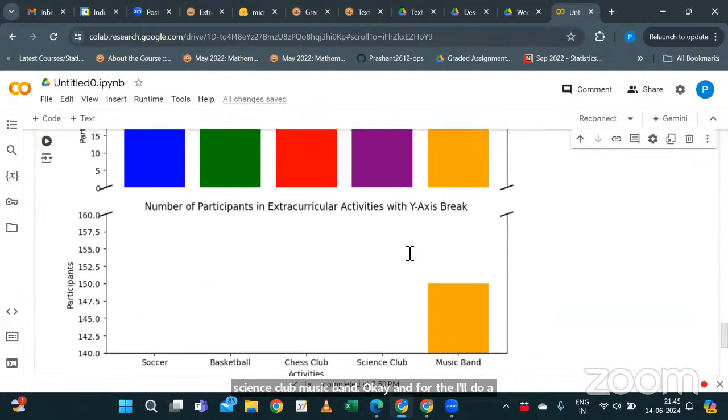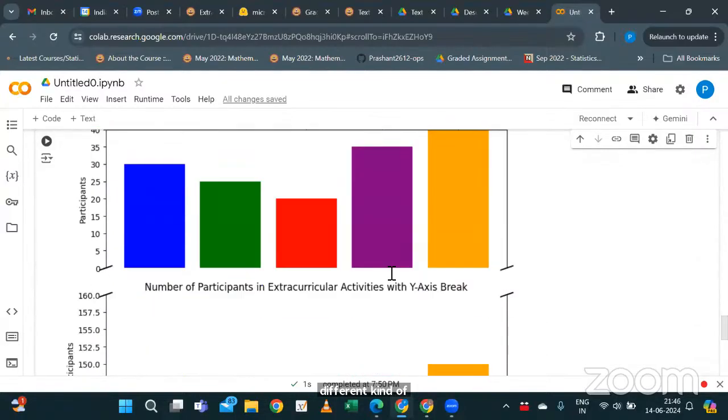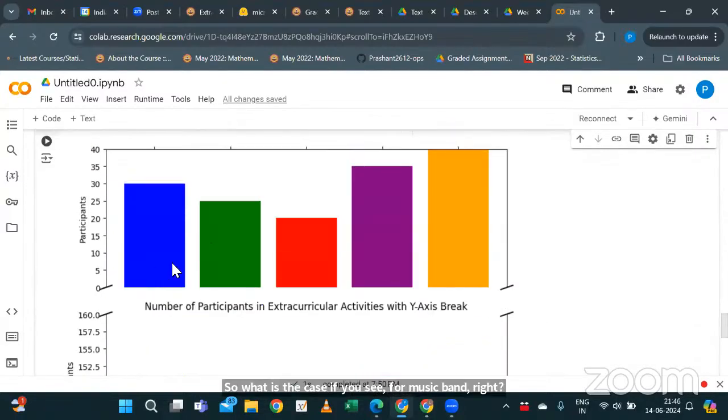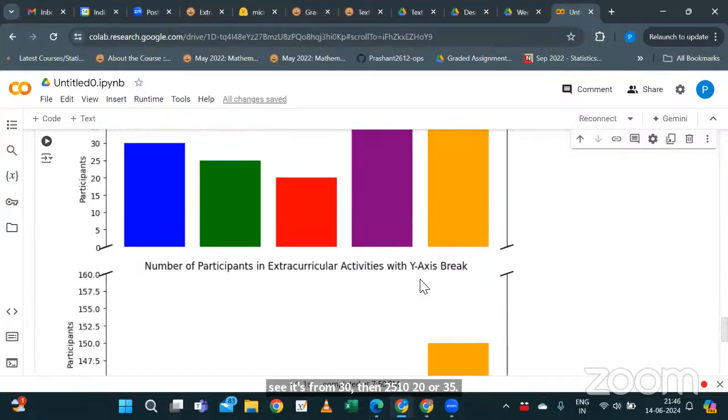If you see for the music band, there are more numbers. But for soccer, football and others, you can see it's 30, then 25, then 20 or 35. But for the music band, it's a very big bar, right? So we can show that break. If we have too small or too large values, then we can show that break.